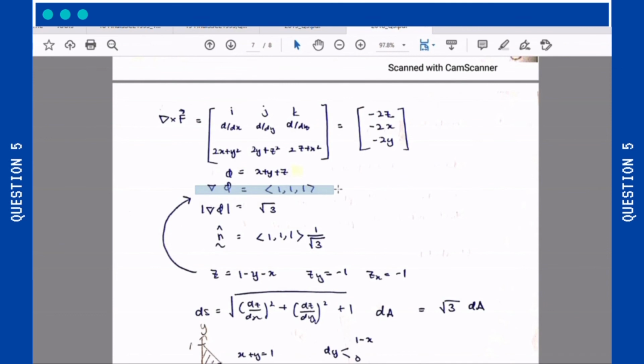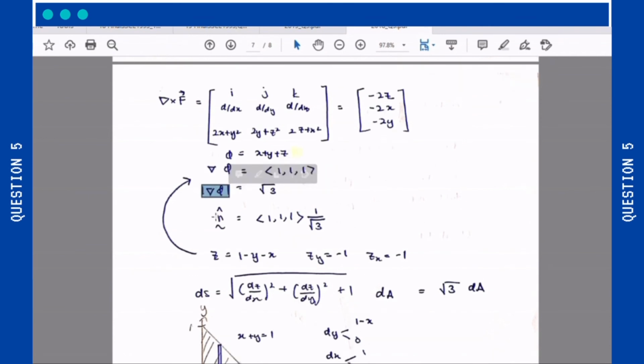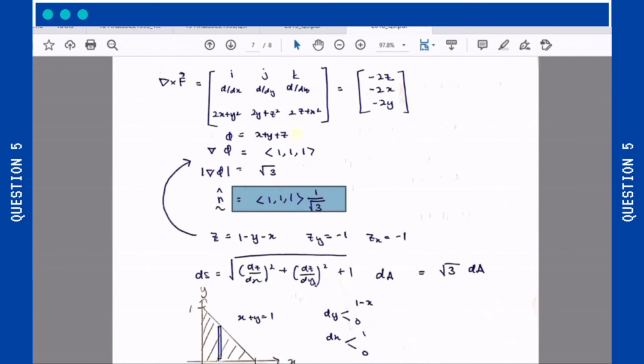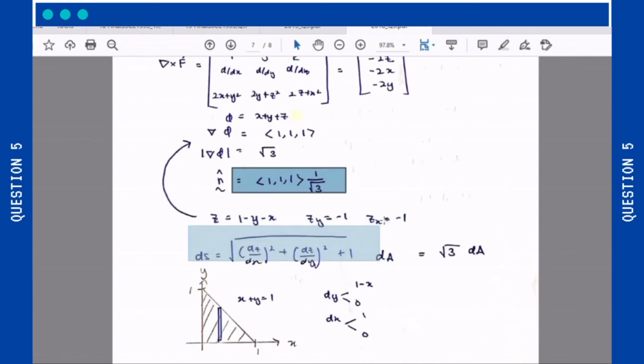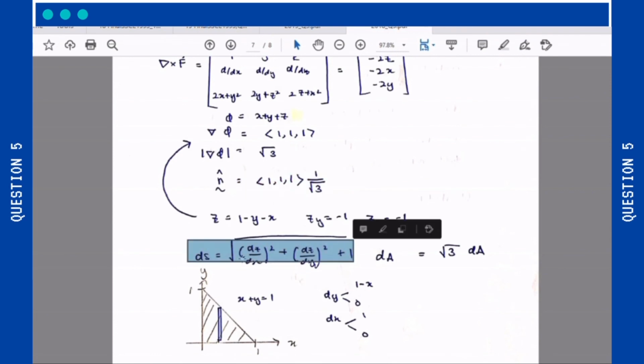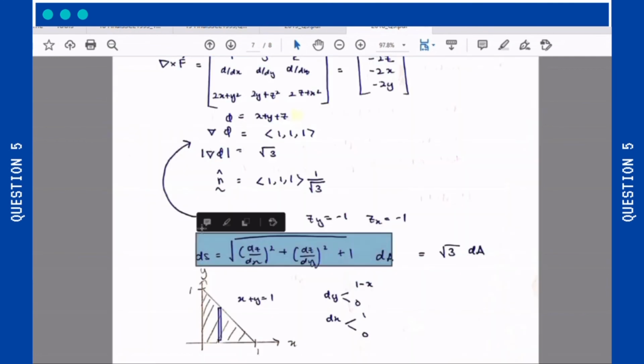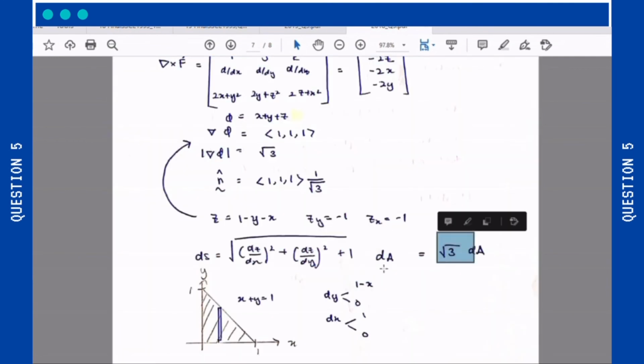Since it is positive, it is actually negative, so the negatives cancel each other. So the magnitude of phi we will get root 3, and here we will get the vector n or the normal. From this also, we find the value of dS, dS times dA, and we will get root 3 dA.